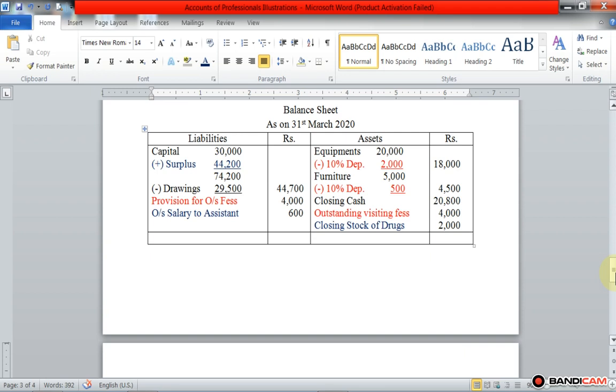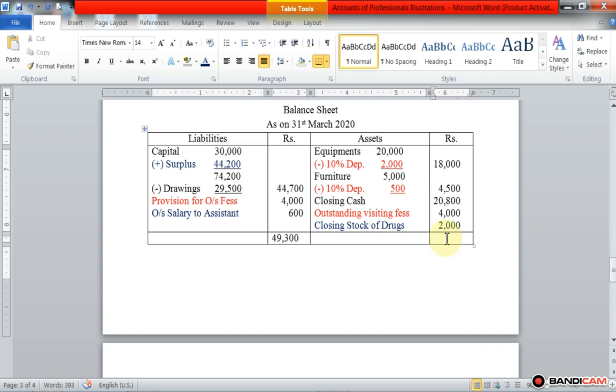So first I make the total of the liability side, that is 44,700 plus 4,000 plus 600. So the total of the liability side is 49,300.